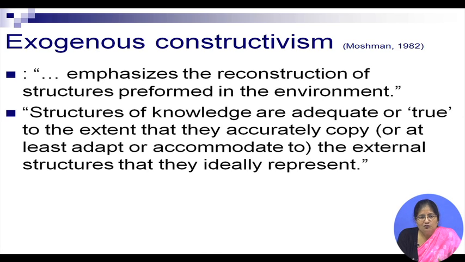So, according to Moshman, constructivism is regurgitation of what we receive from the environment and nothing more. To the extent these reconstructions, or structures of knowledge, are adequate or true, they accurately copy or at least adapt or accommodate to the external structures that they ideally represent.